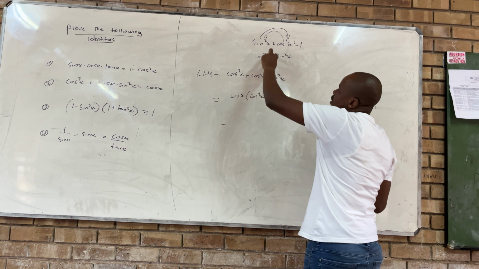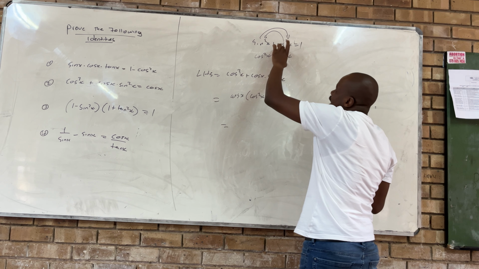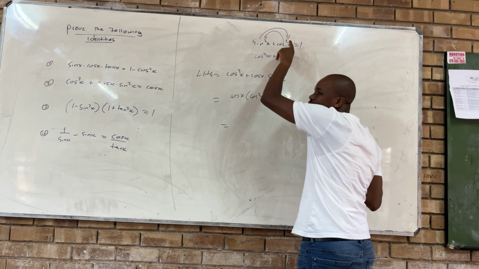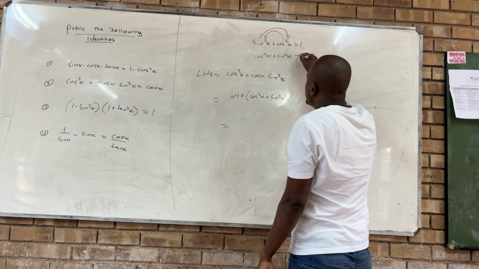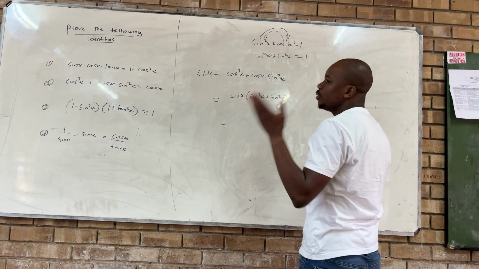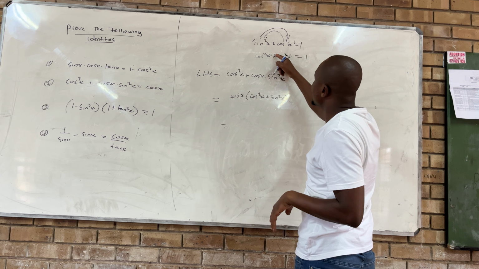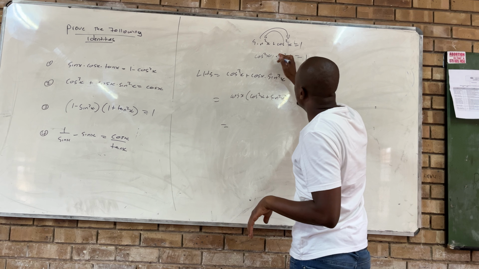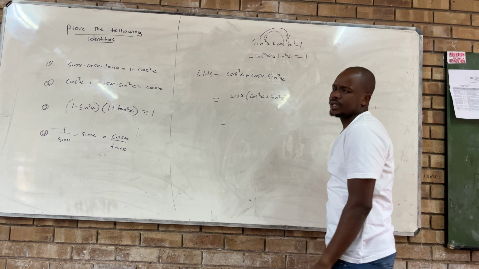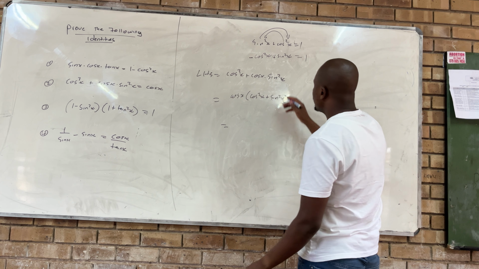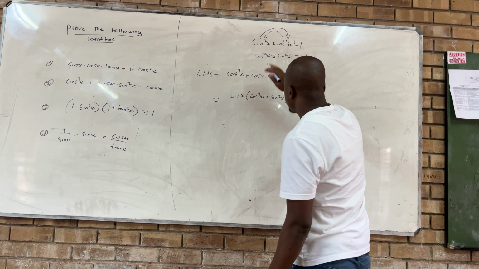As long as cos and sine are both positive, they are equal to 1. They are not equal to 1 if there is a negative here or here. Do you understand this? Thank you very much.